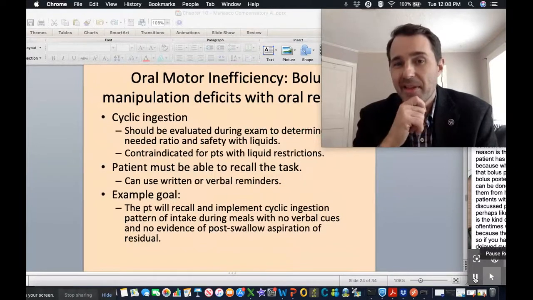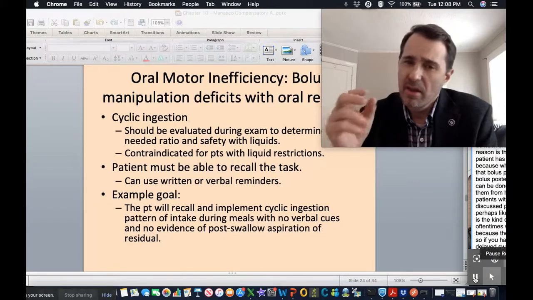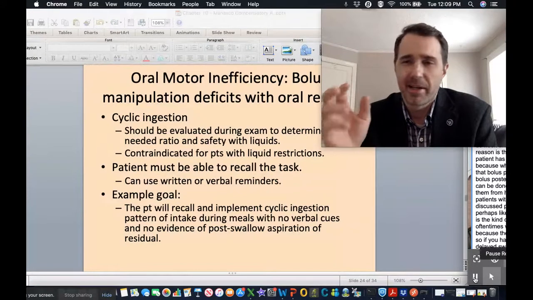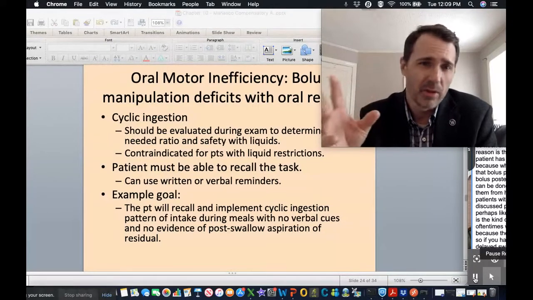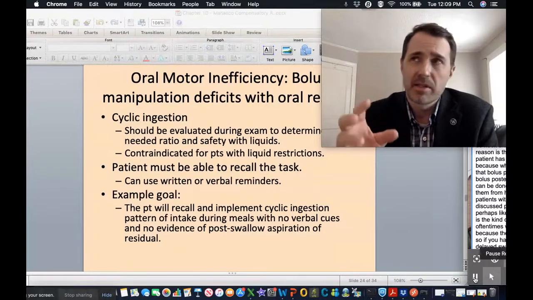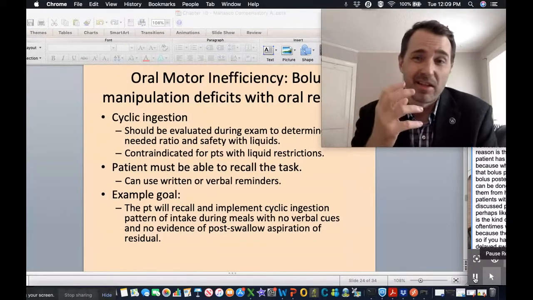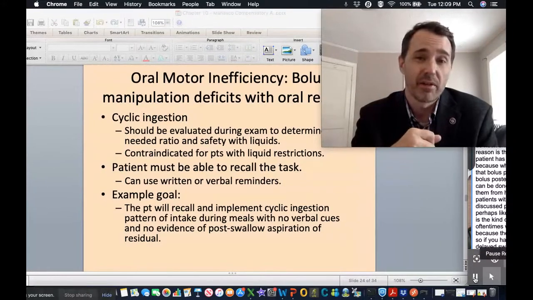And as I think I already mentioned, alternating sip swallow, this is a strategy that is really going to be used. I'm not going to say always because there's always an exception, but usually this will be someone that is capable of tolerating thin liquids because it's those thin liquids that they're able to use to clear the stasis so effectively.